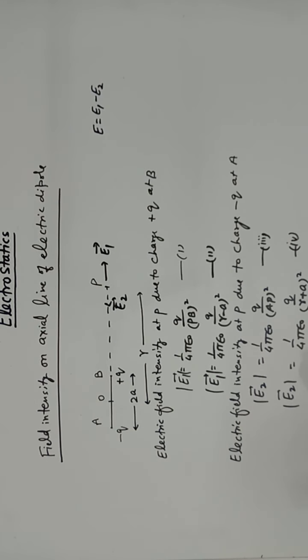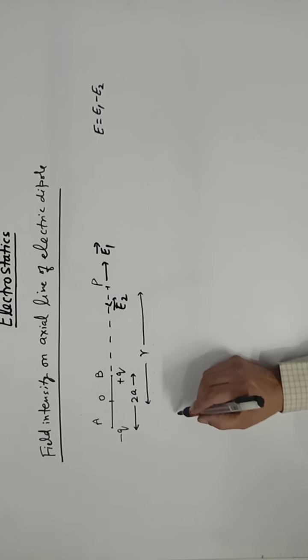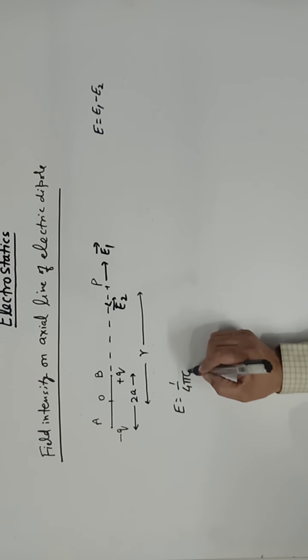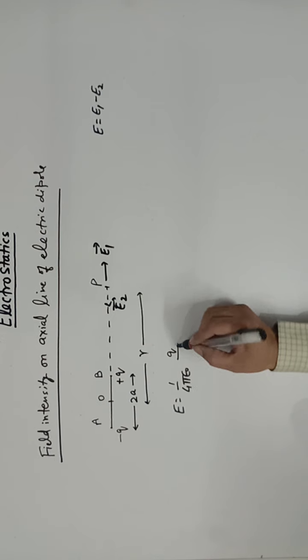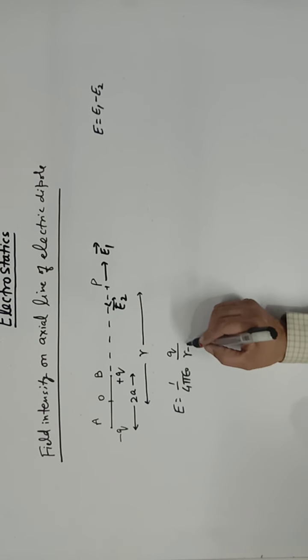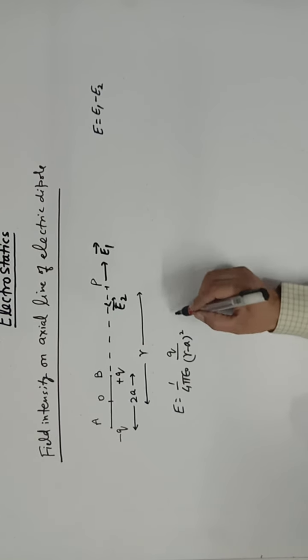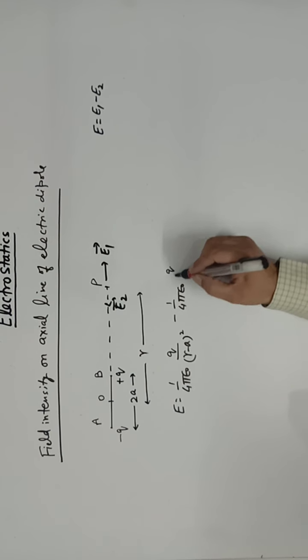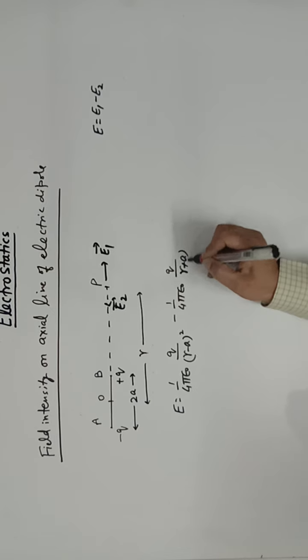We write both the values of E1 and E2 from equation number 2 and 4. So E is equal to 1 upon 4 pi epsilon naught q upon r minus a whole square minus 1 upon 4 pi epsilon naught q upon r plus a whole square.